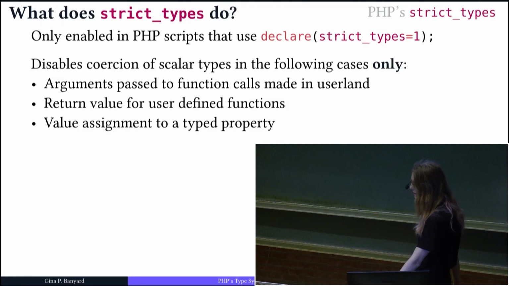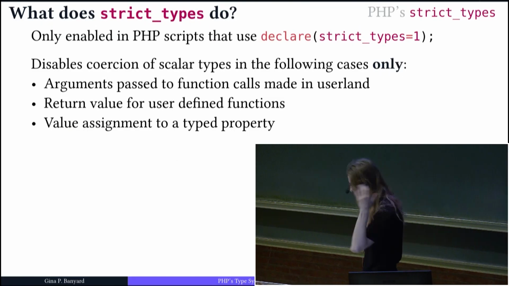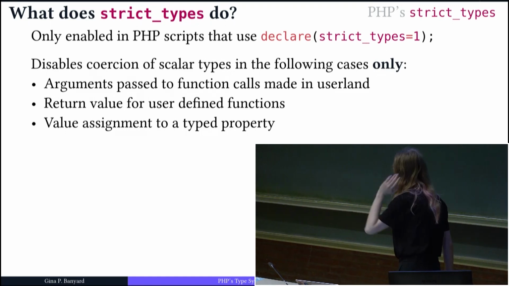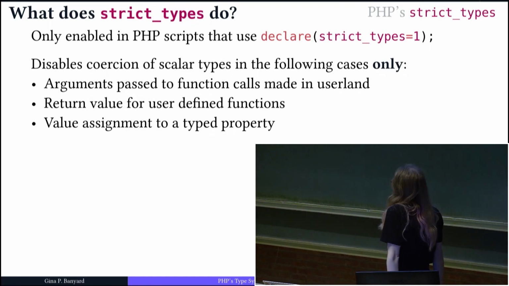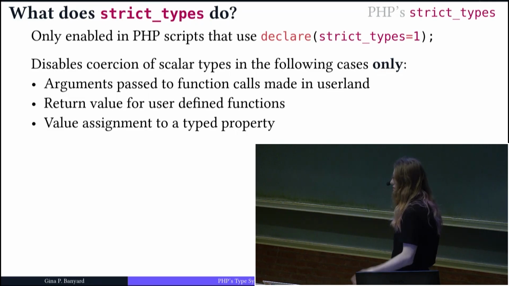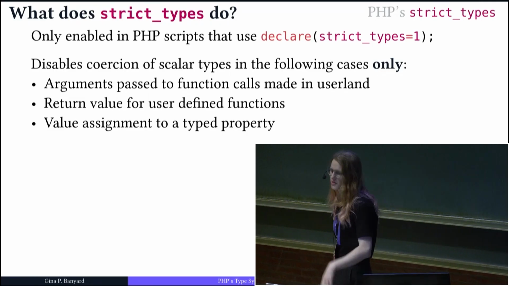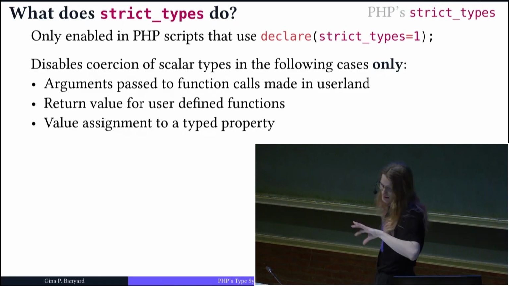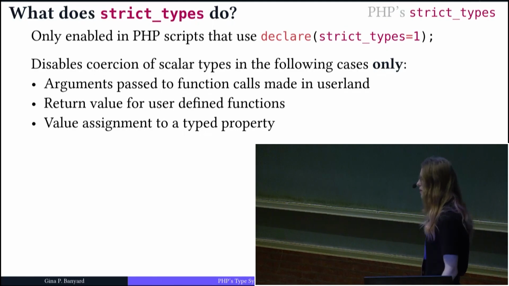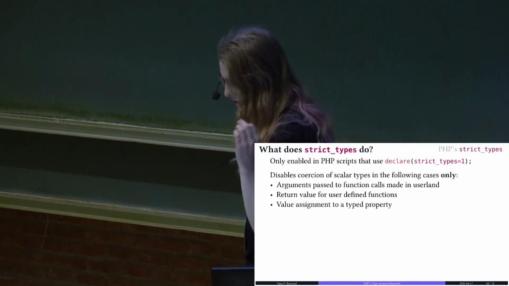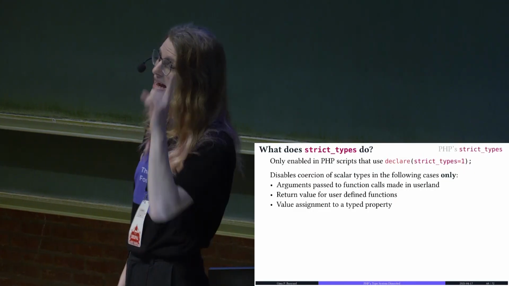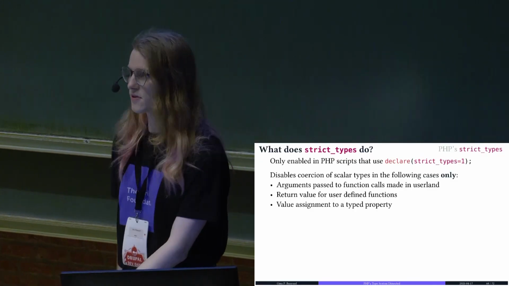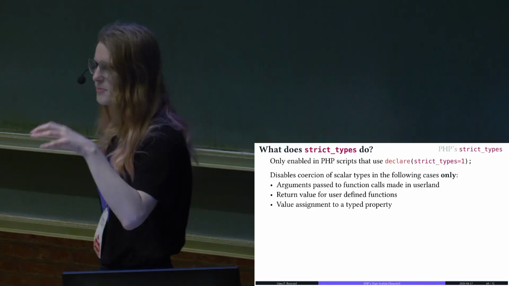It's only enabled if you have the declare strict_types statement, which, if you follow PSR-12, I think is the new version, or whichever one initially did it, they tell you to use strict types everywhere. But the only thing it does is disable the coercion of scalar types in the following cases only: arguments passed to function calls made in userland, return values for user-defined functions, and assignments to a typed property.